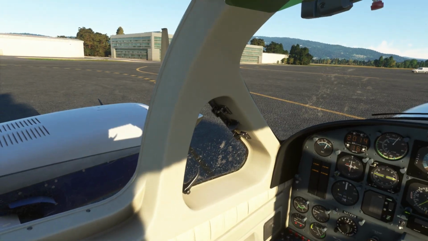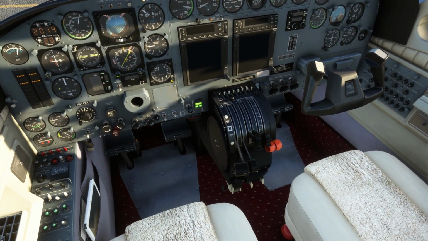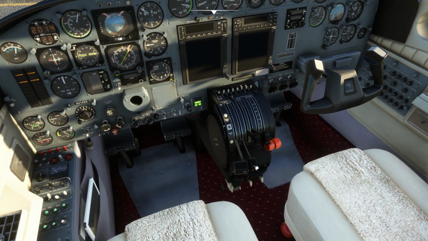Okay, we're gonna start the right engine first. So I usually do this. I open the throttle. Of course the props should be in full forward, maximum RPM, and I put the mixture into full rich.